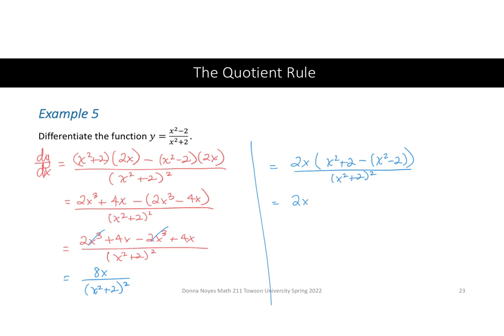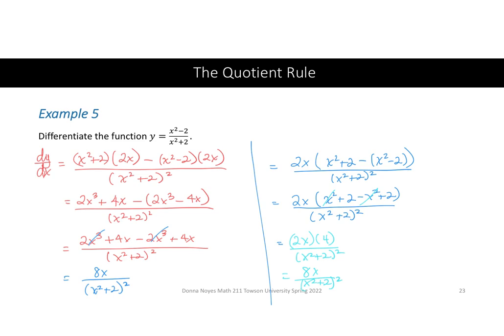So we'd end up with 2x times, let's see here, x squared plus 2 minus x squared and plus 2, all over x squared plus 2, quantity squared. And you may have figured out already that's going to cancel out a little bit around here to give us 4. So we end up with 2x times 4 over x squared plus 2, quantity squared, which is also 8x over x squared plus 2, quantity squared.